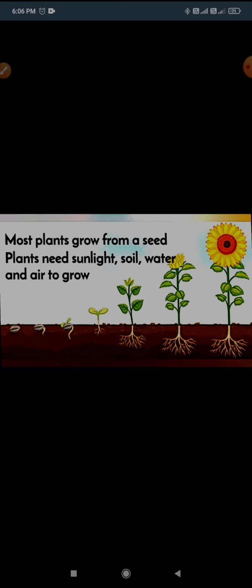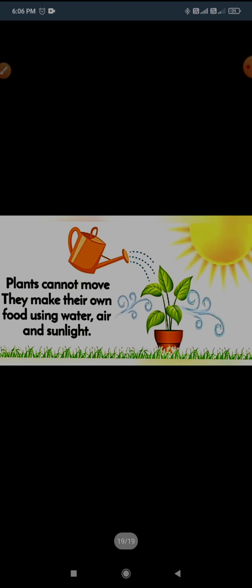Okay, it is enough to make food. Okay, so plants can't move, they make their own food using water, air and sunlight.